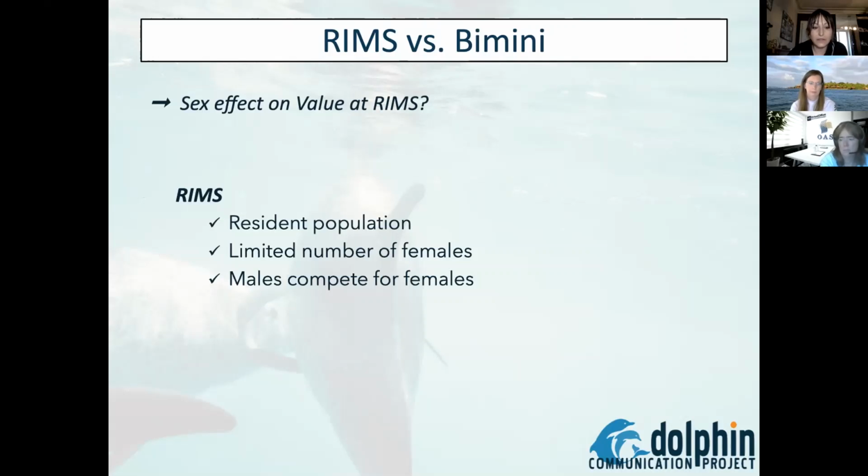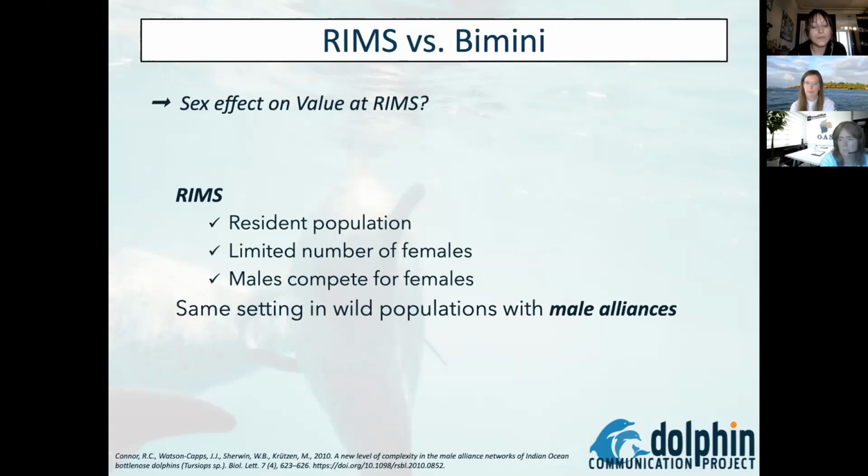These particular settings are the same as in wild populations, where we can see male alliances, like for example in Shark Bay, Australia. Over there, the communities are quite enclosed and the dolphins live in the same area year round.